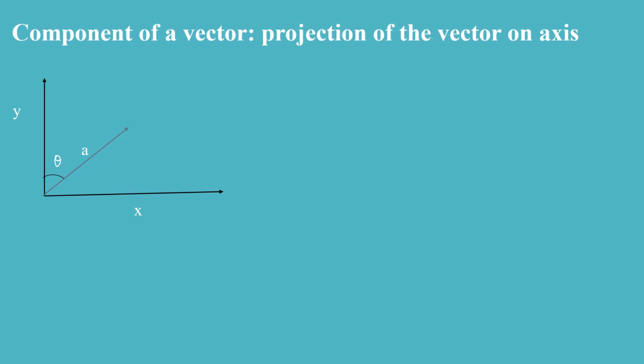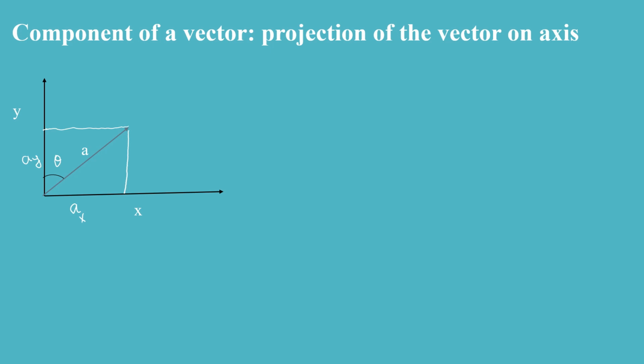So here I'm gonna do the same thing. I'm gonna draw the vertical line. I'm gonna start from the head, go to the x-axis, start from the head and go to the y-axis, right? It's gonna be Ax, and this guy right here gonna be my Ay, right?